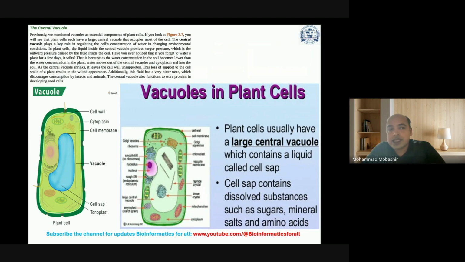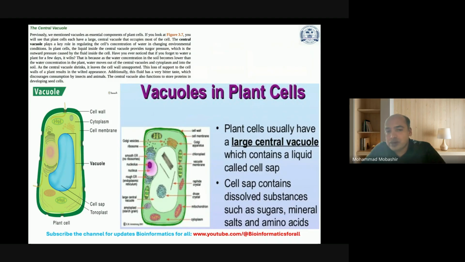The next part is the central vacuole. So as you can see in any plant cell, there is a big vacuole, which is called the central vacuole. Other than the cell wall, cytoplasm, cell membrane, cell sap, tonoplast, you can see a big structure inside the cell, that is a vacuole. So the vacuole here is like a kind of gap, you can see.